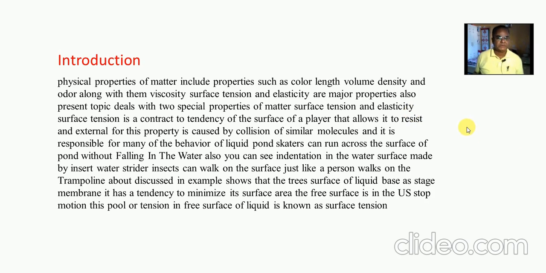There are different phases of matter such as solid, liquid and gases, and when we consider any matter, there are different properties such as color, length, volume, density, odor, etc. In this chapter we consider some different properties of matter step by step.